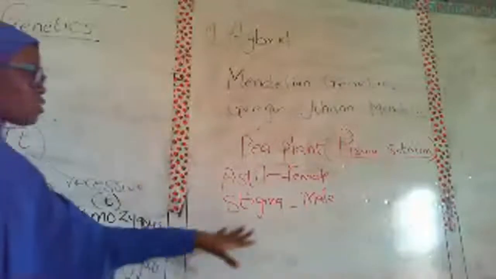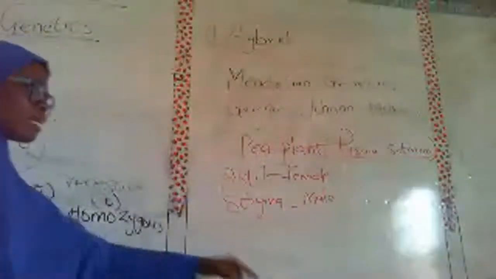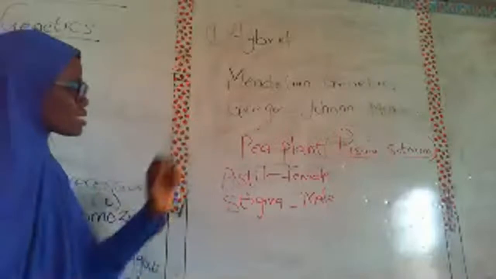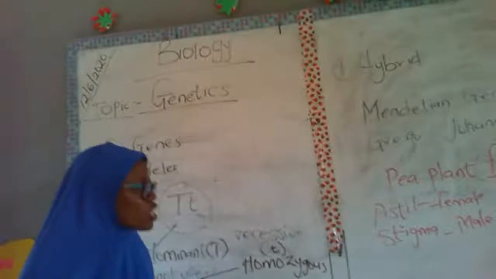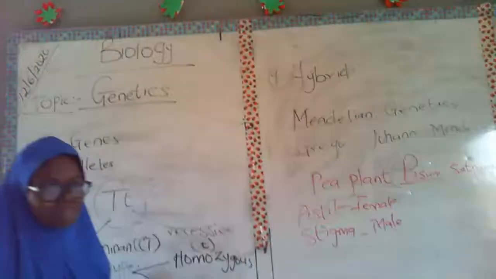Then another reason why he used the pea plant is that it has unique characteristics, and each of these unique characteristics has contrasting traits. So he studied 7 characters.